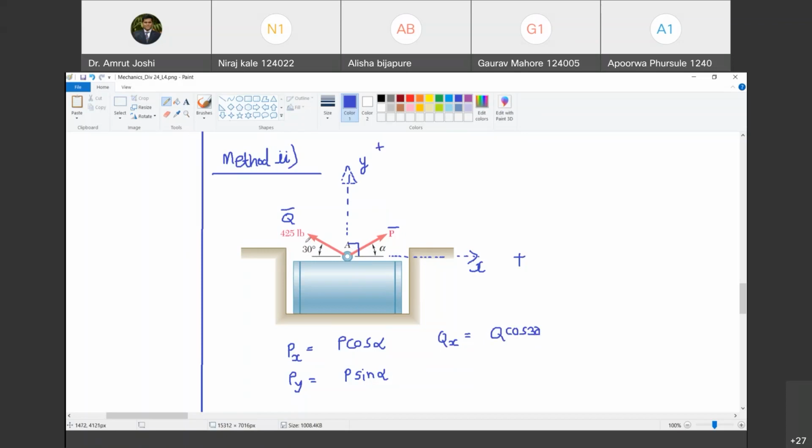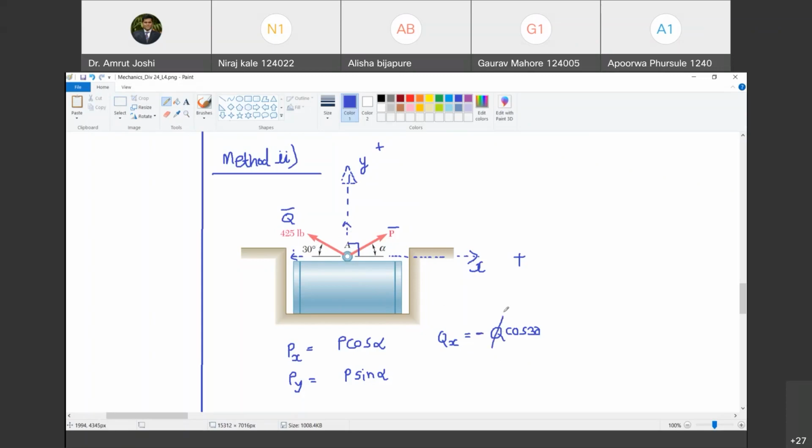If I were to resolve this Q, that is 425 Newton, along x and y, I have no choice but to have these two components in this fashion. Along y, it should be upward. Along x, it should be towards left. Then only if I complete the parallelogram, which appears as a rectangle here, will it give you 425 lb. Do you agree with me? So therefore, the component of this 425 pound in x direction has to be negative. Are you with me?